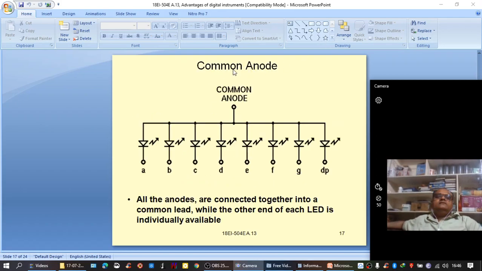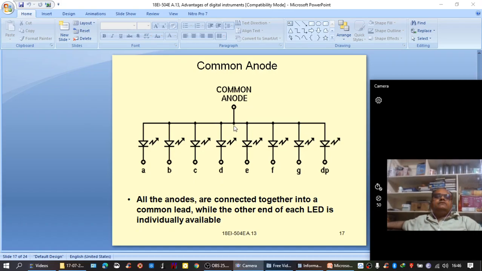This is the arrangement in a common anode type of 7-segment display. Here, 1, 2, 3, 4, 5, 6, 7 and of course DP, including that total 8 diodes are there. 7 diodes would be in the form of bars and 1 diode would be in the form of a dot.